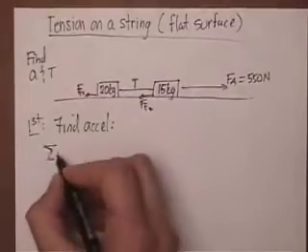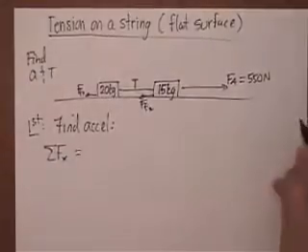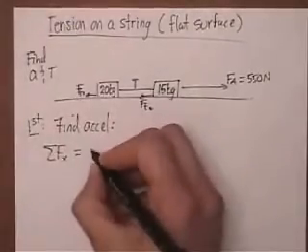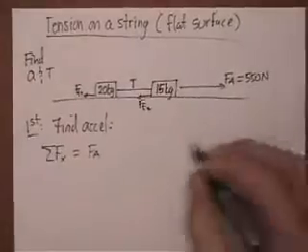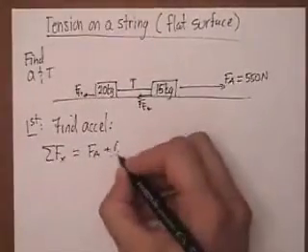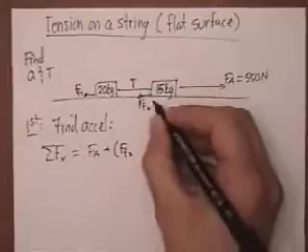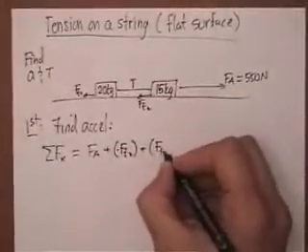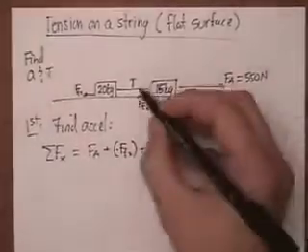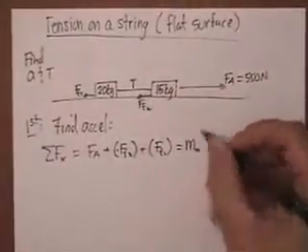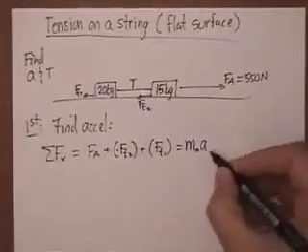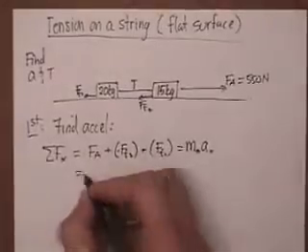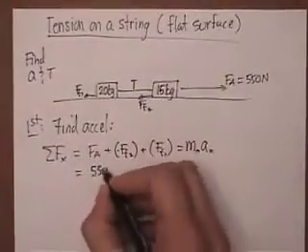So let's do our sum of Fx, which means everything that I possibly have as a force on here. That would be my force applied. I'd add that to my force of friction, this second one here, which is in the minus direction. I'd also add that to my force of friction, this first one here, and then I would take my net mass, 15 plus 20, and my acceleration, which will be in the x direction, so I'll throw a little x on there. 550 is my FA.